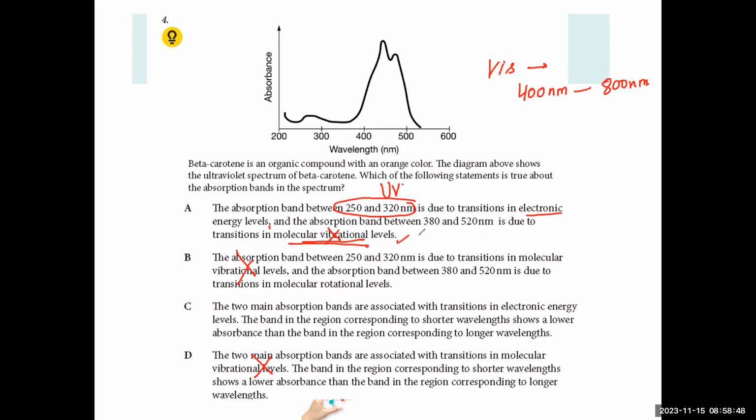Here also this is an electronic transition. So the two main absorptions are electronic transitions. One is this one, and the other is this one. This is in ultraviolet and this is in visible.